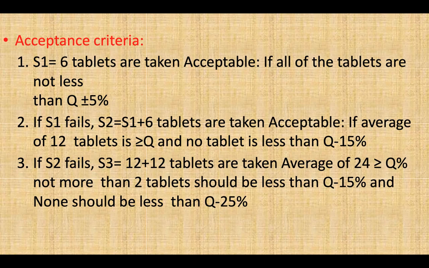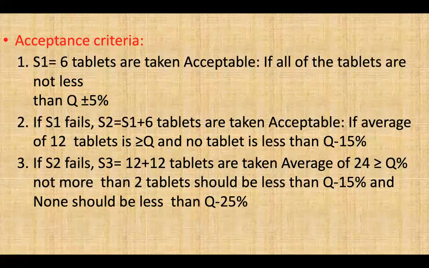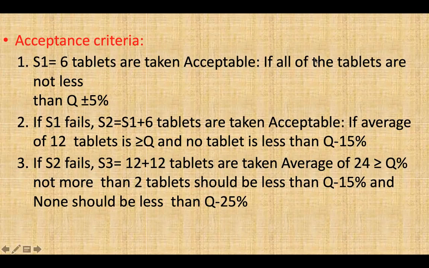If S2 fails, S3: 12 plus 12 tablets are taken, the average of 24 is equal to or greater than Q, not more than 2 tablets should be less than Q minus 15%, and none should be less than Q minus 25%.